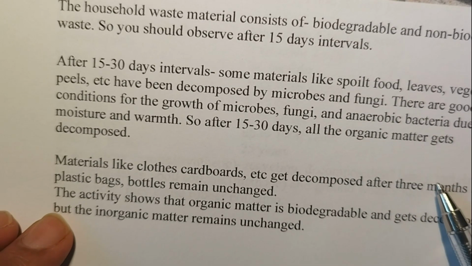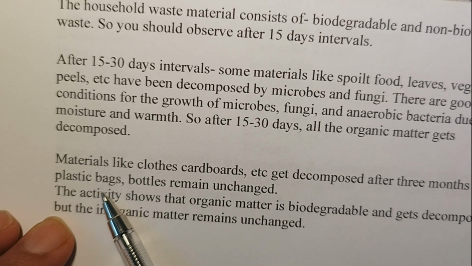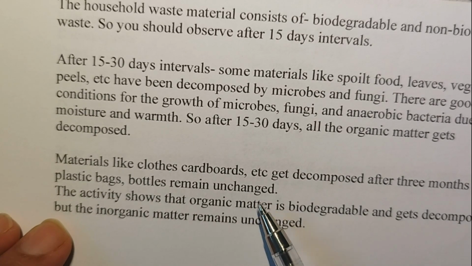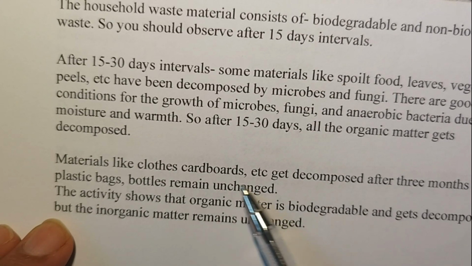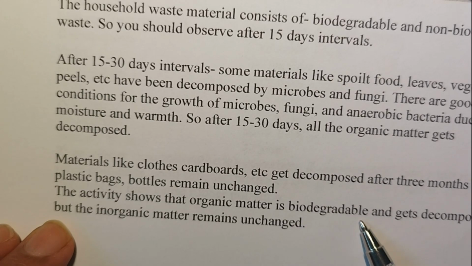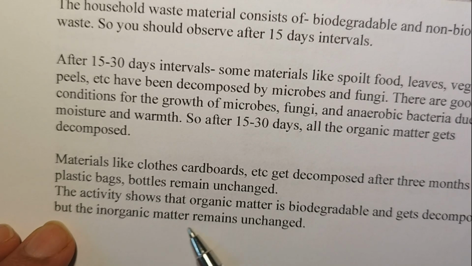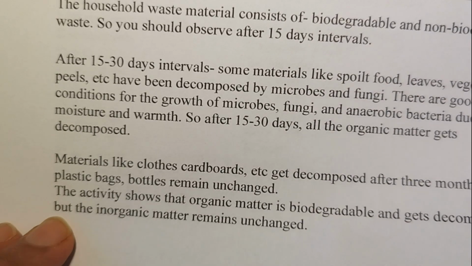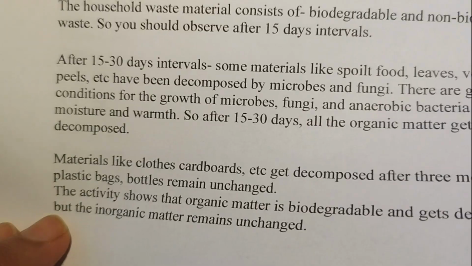There is some other material like plastic bags and plastic bottles that will not change over such a short time. This shows that organic matter is biodegradable and gets decomposed, but inorganic matter like plastic remains unchanged in a short span of time.